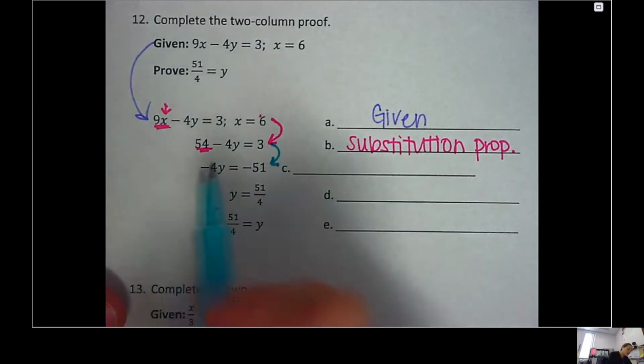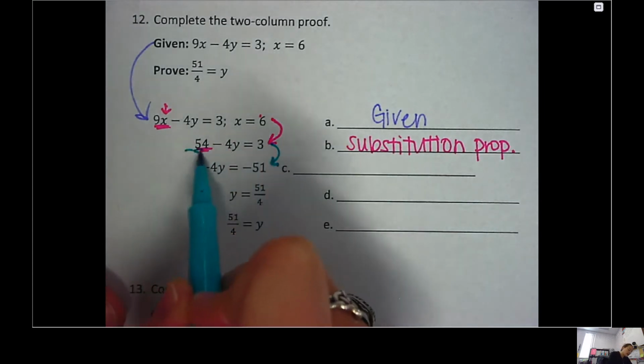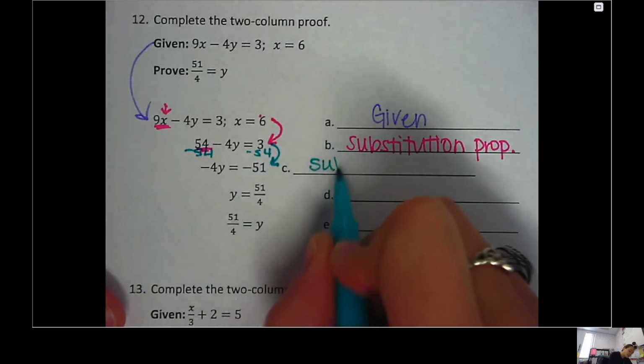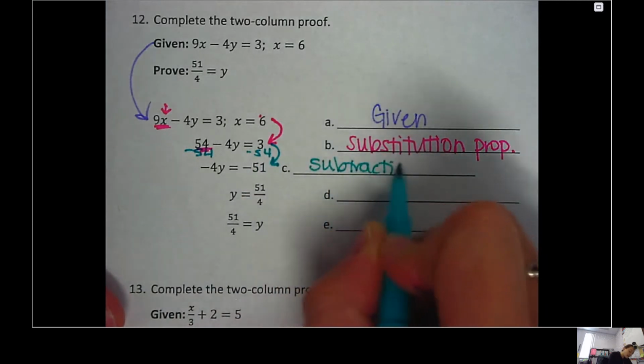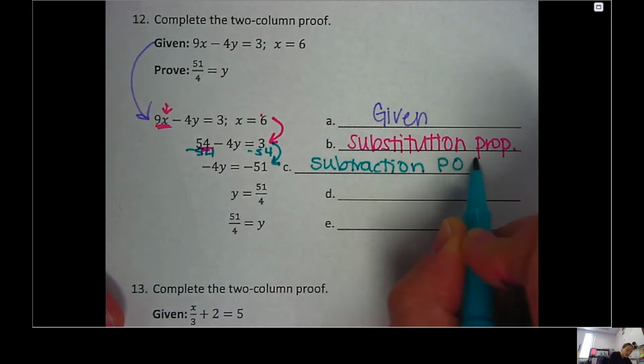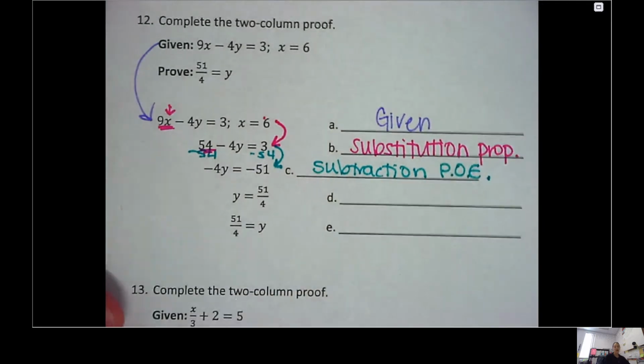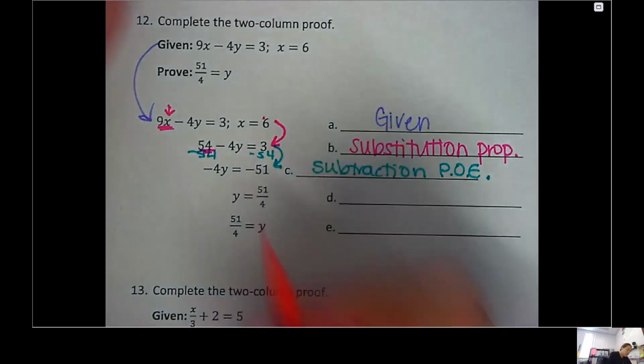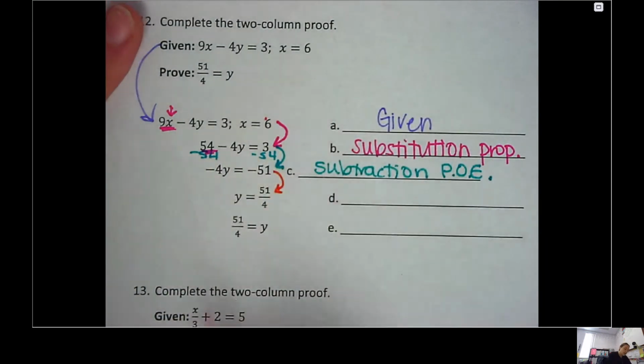All right, to get from B to C, I noticed that the 4y stays. The 54 moved to the other side by subtracting on both sides. So that is the subtraction. And because it's on both sides, it's the property of equality. To get from C to D, pretty easy.